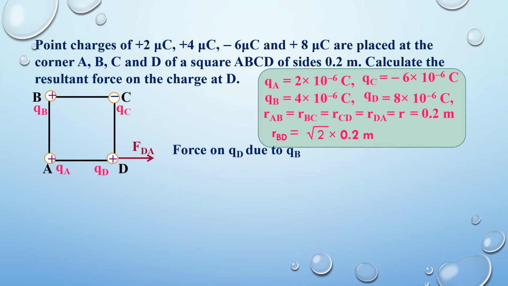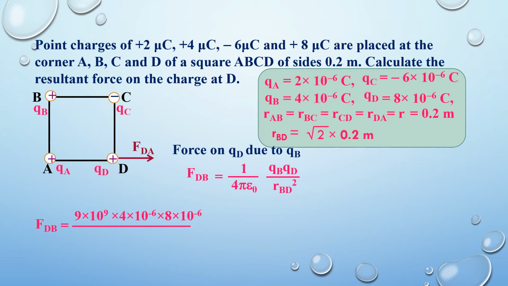So the force on D due to B is equal to 1 upon 4 pi epsilon naught, QB into QD upon RBD squared. This gives 9 × 10^9 into 4 × 10^-6 into 8 × 10^-6, divided by root 2 into 0.2 the whole square, which gives 288 × 10^9 into 10^-12 divided by 2 into 0.04, or 0.08.